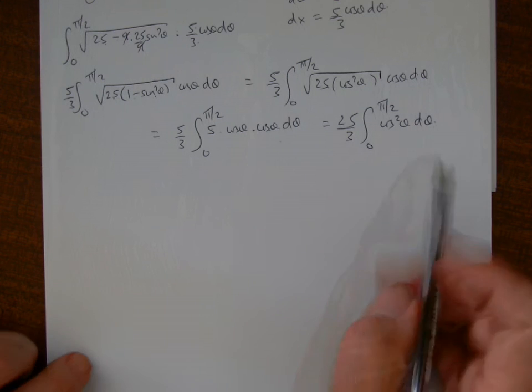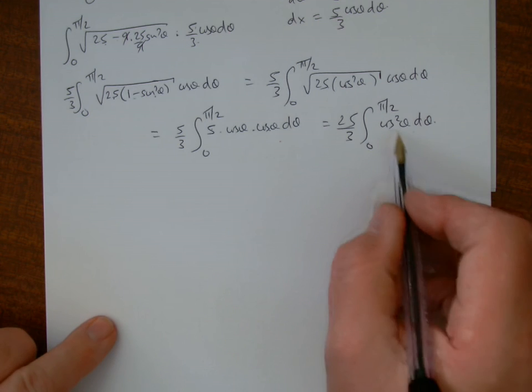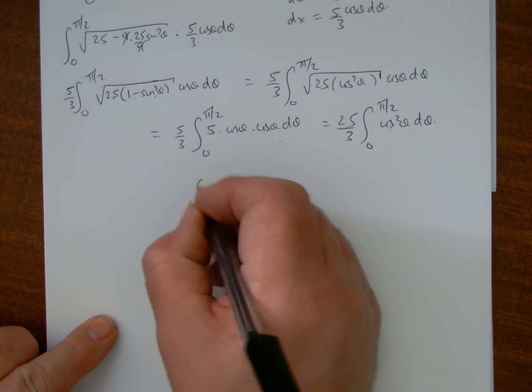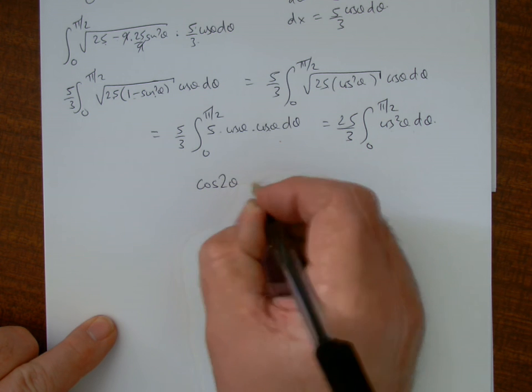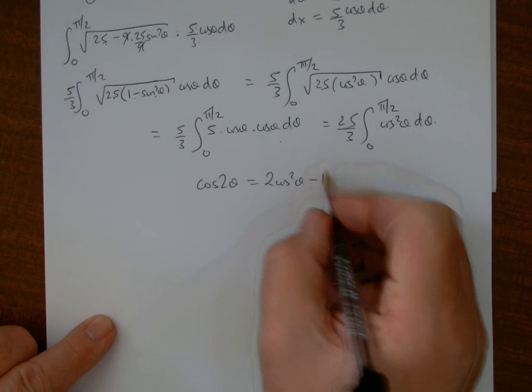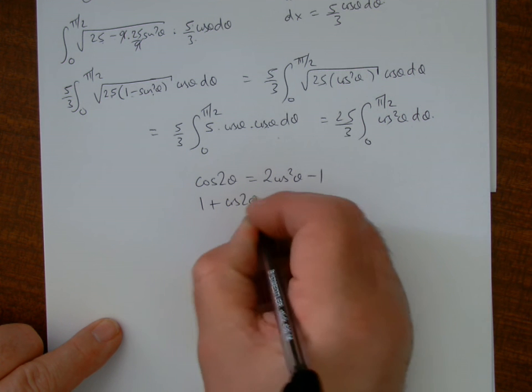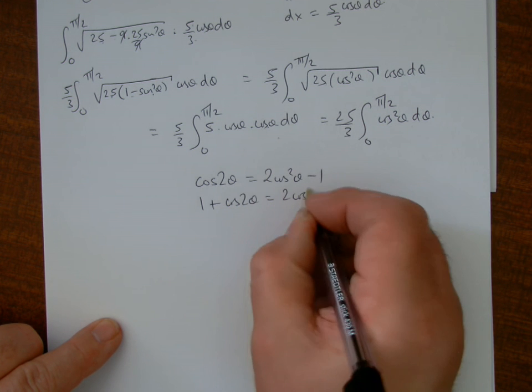Now you should have prepared this one to integrate cos squared theta. When integrating cos squared or sine squared, I'm using the double angle formula. So this one I'm using cos 2 theta is 2 cos squared theta minus 1. So 1 plus cos 2 theta is 2 cos squared theta.